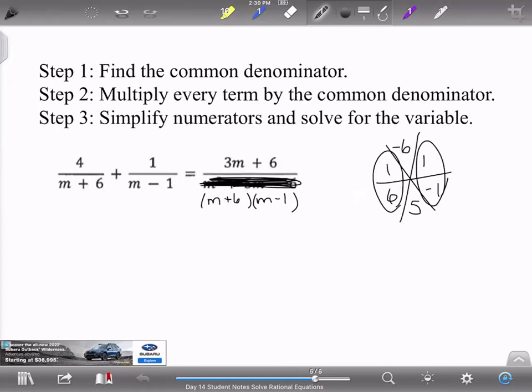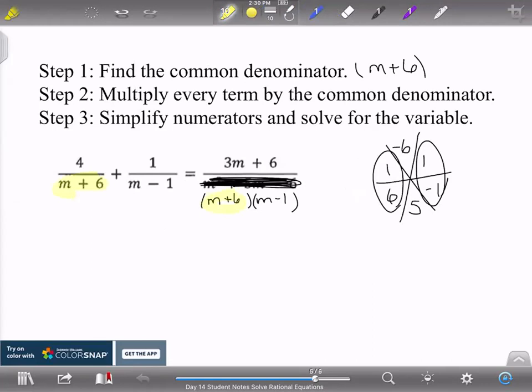Now that we have that factored, we can go ahead and look into the common denominator. So for the common denominator, I have an m plus 6. Again, that's found here and here. But then I also have an m minus 1 that can be found here and here.